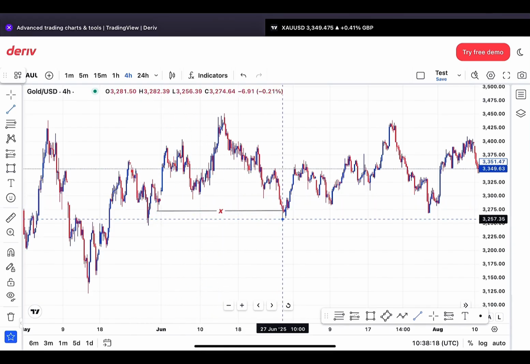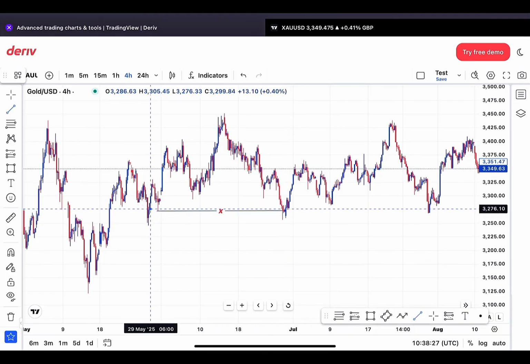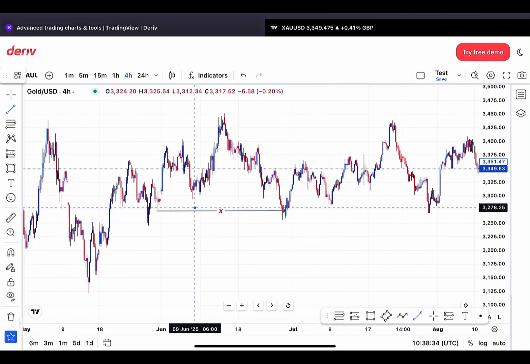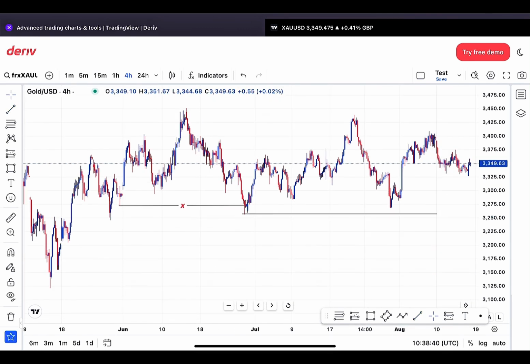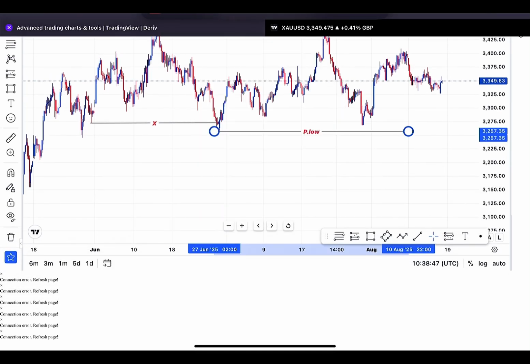We can call this the protected low. It's called protected because it has already taken out this liquidity and the market will barely come back to this area to take out this low again. So I will call here my P low.